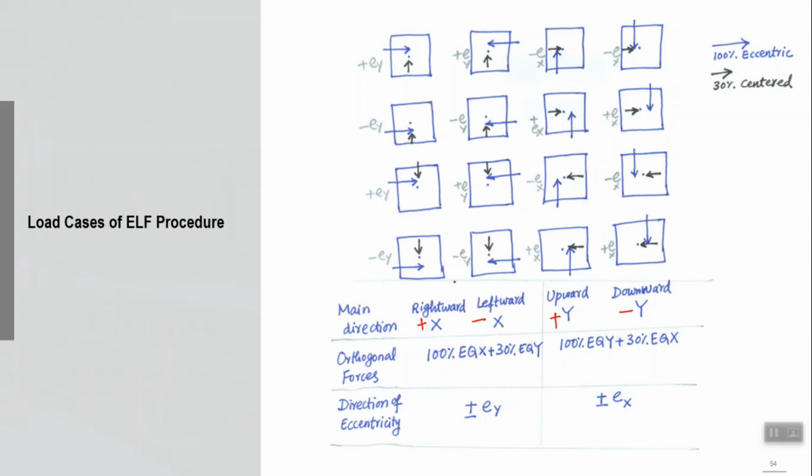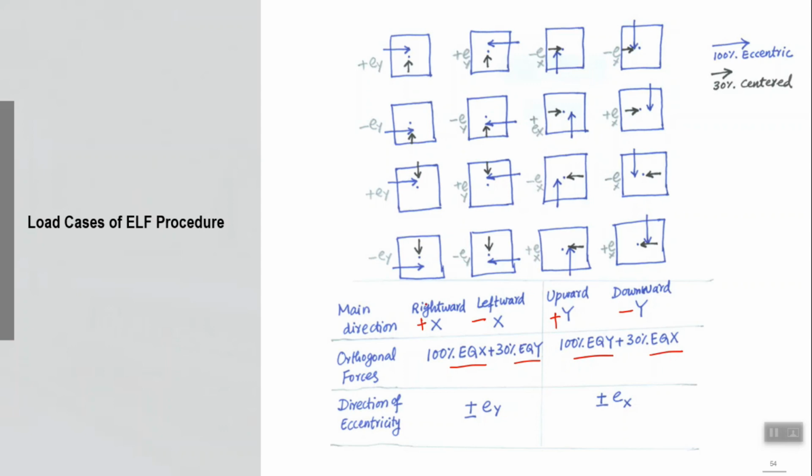If you are in seismic design category B, there is no need for that, but if you are in a higher seismic design category and there are some conditions, you have to do it. So, again orthogonal forces can be considered in 2 manners. One is that you apply x 100% and y 30%, and the other is you apply y 100% and x 30% in a particular direction.